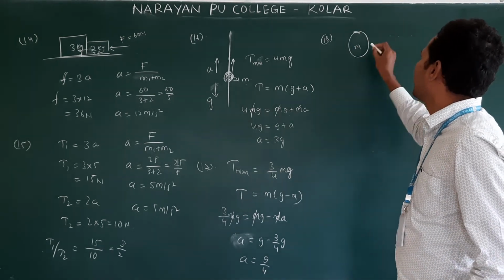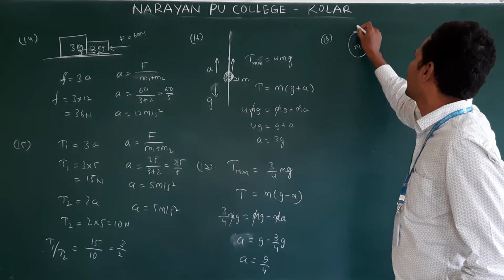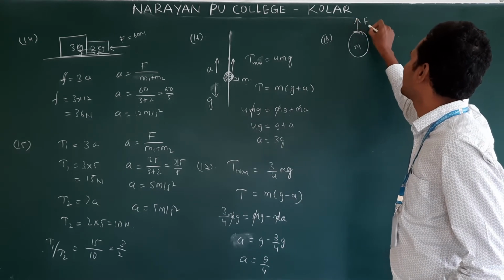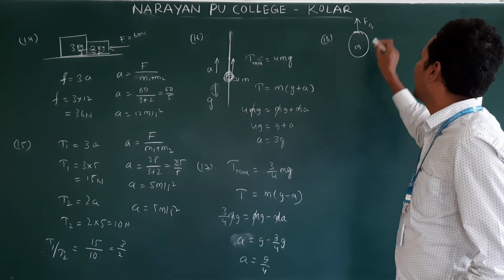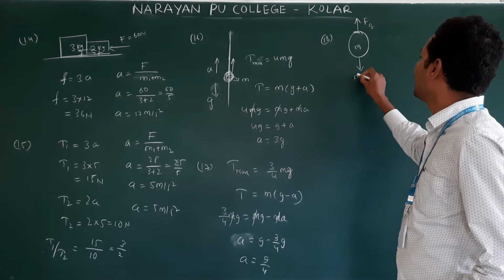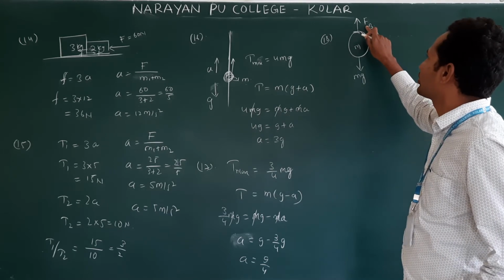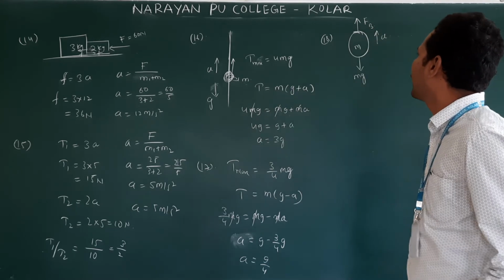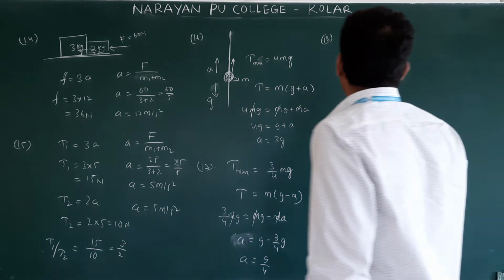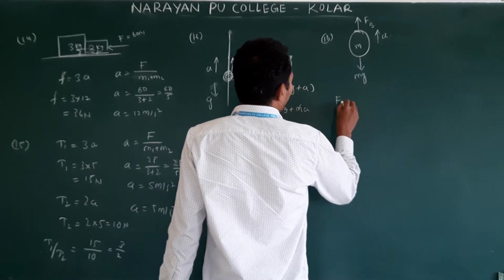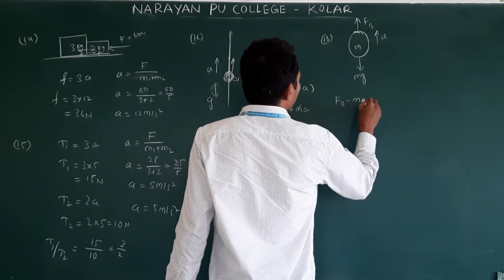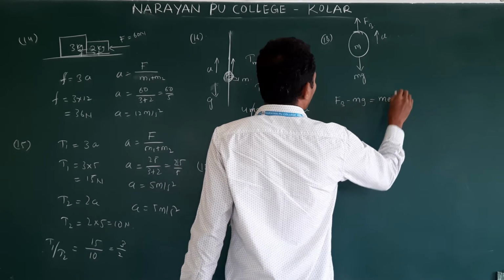So it is going up because of thrust, that we call buoyancy force, Fb, and weight is acting downwards, but buoyancy force is dominating, so it is accelerating up. Then the equation is Fb minus mg is equal to ma.